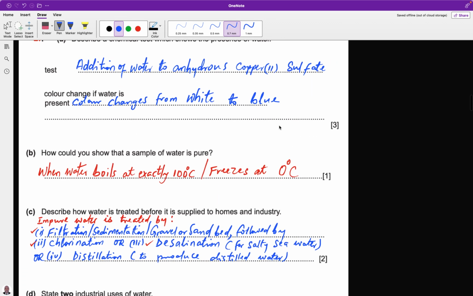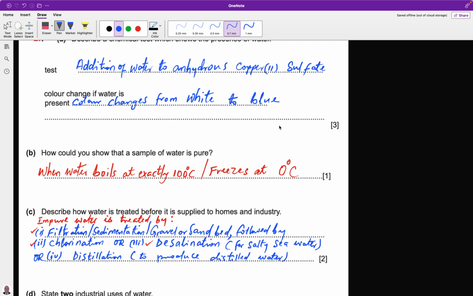So how could you show that a sample of water is pure? Remember, when we were doing states of matter, pure water has a sharp boiling point, and the sharp boiling point for pure water is 100.